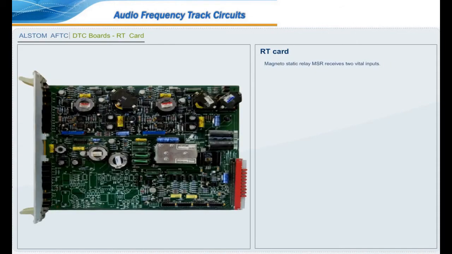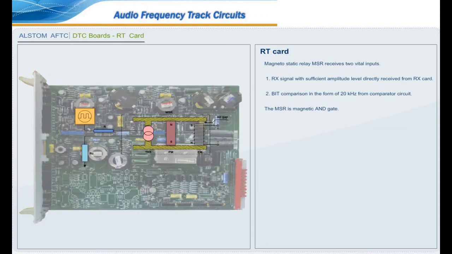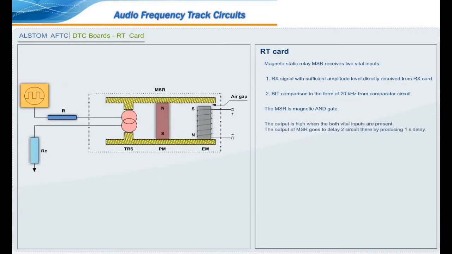Magnetostatic relay MSR receives 2 vital inputs: RS signal with sufficient amplitude level directly received from RX card, and bit comparison in the form of 20 kHz from comparator circuit. The magnetostatic relay is a magnetic AND gate. The output is high when both vital inputs are present.